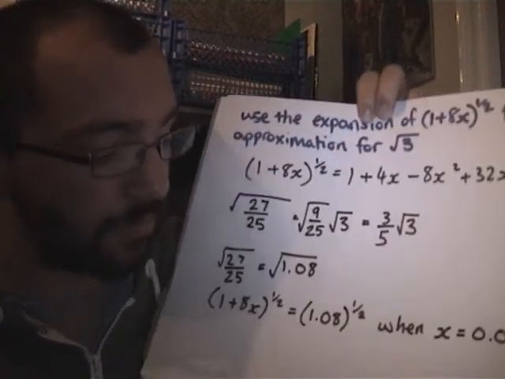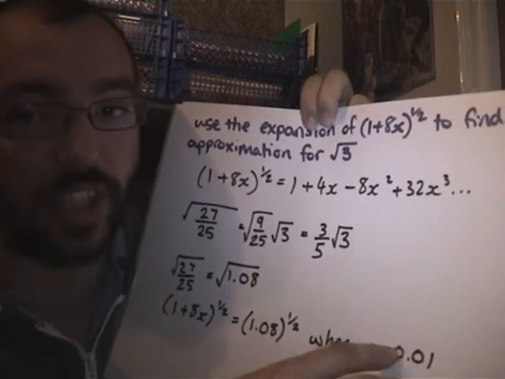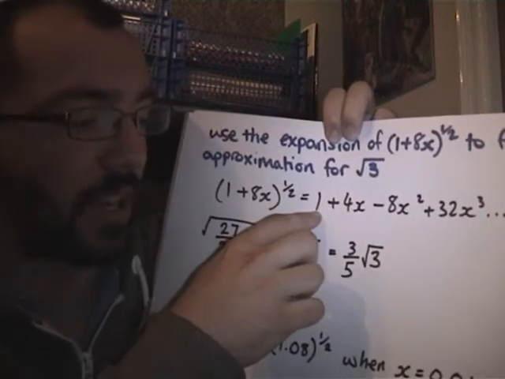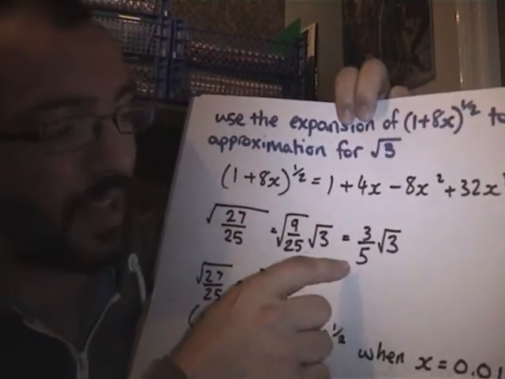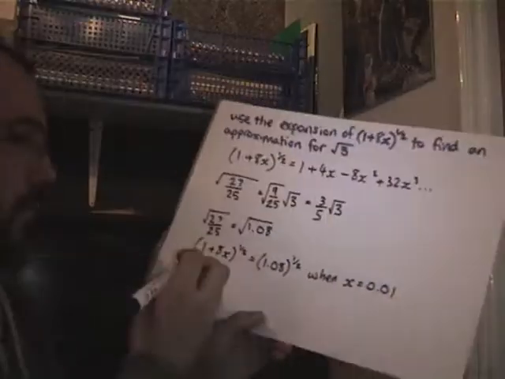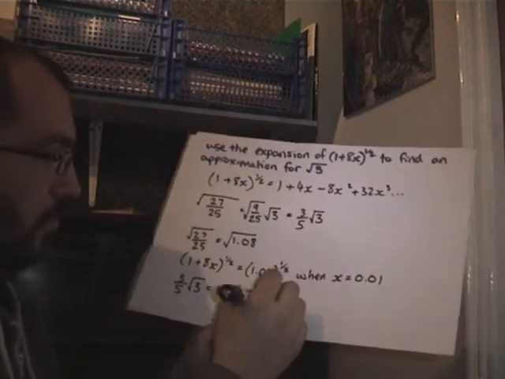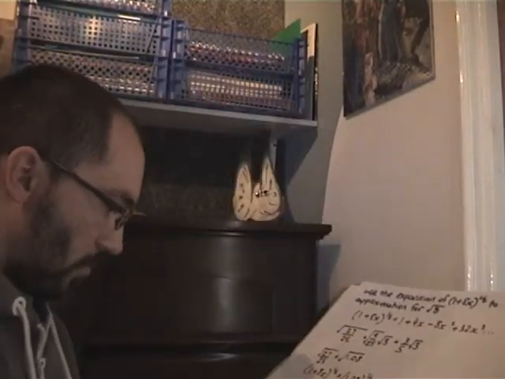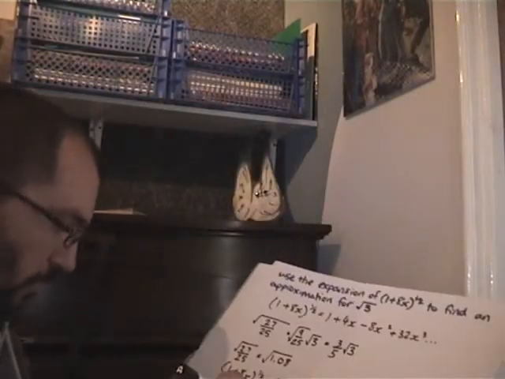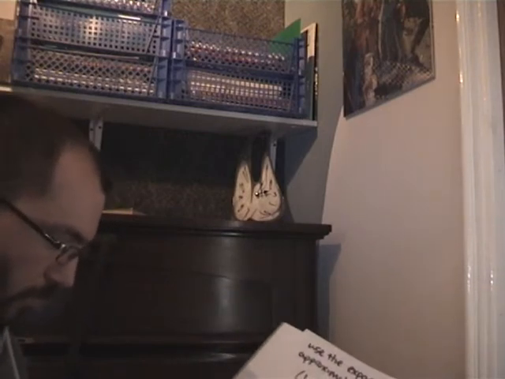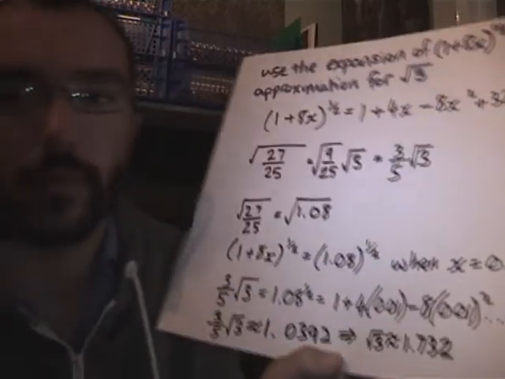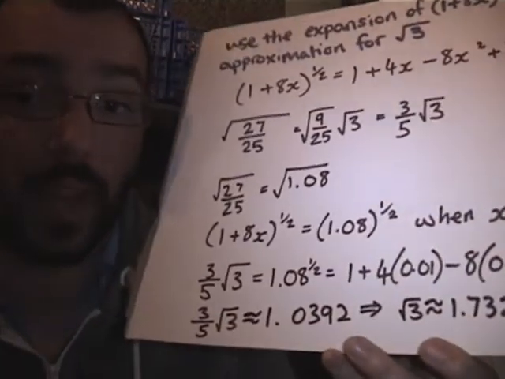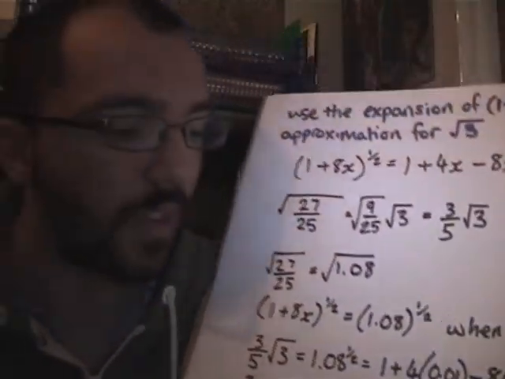So what I'm going to do now is substitute 0.01 into my expansion. And here's my final bit of work.